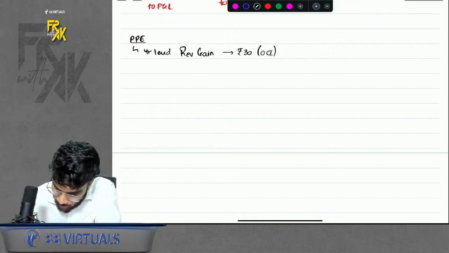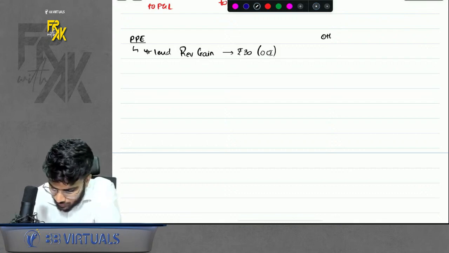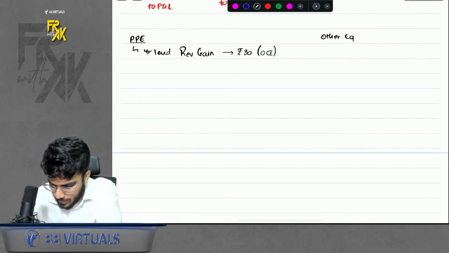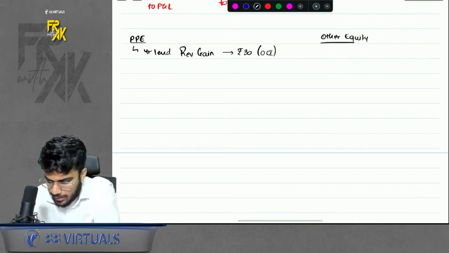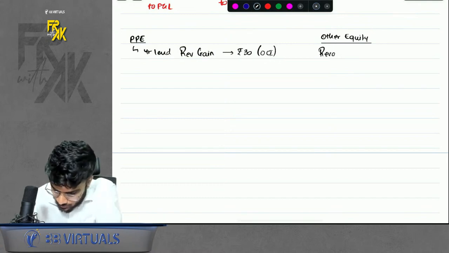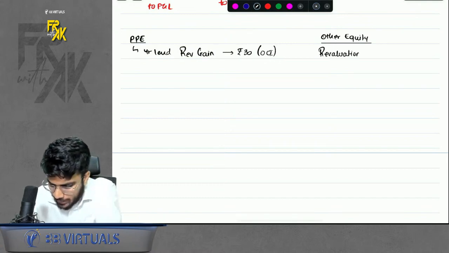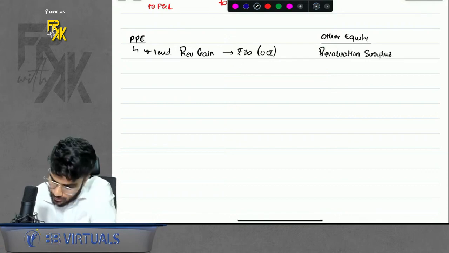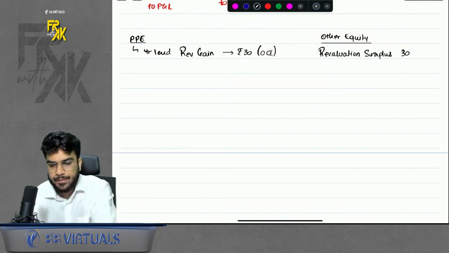And yesterday I also discussed that whenever you get a revaluation gain, it gets accumulated in other equity also. So in other equity, it will get accumulated under the head of revaluation surplus, 30 rupees. Is this clear, guys? So on year 1 end, you got a revaluation gain, you transfer it to revaluation surplus.